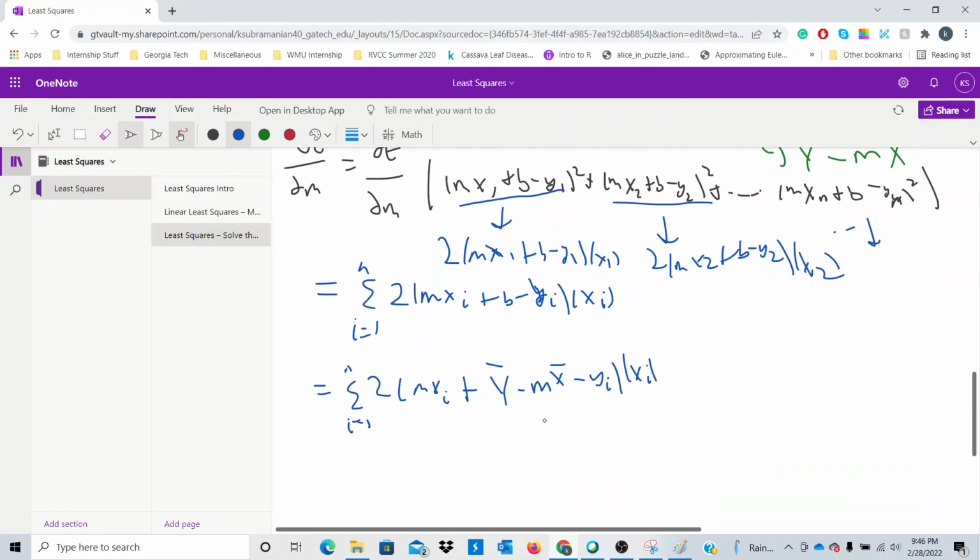And then what we're going to do is group the terms with an m together, and the other terms are going to go into another summation. But what we'll do is distribute this x sub i over all these terms.